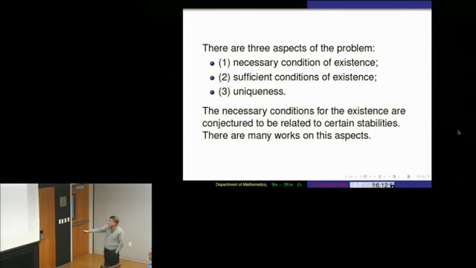One is the necessary condition for existence. Another is sufficient conditions for existence. Three is uniqueness. The necessary conditions for existence are conjectured to be related to some stability. There are many works, many papers about this aspect.